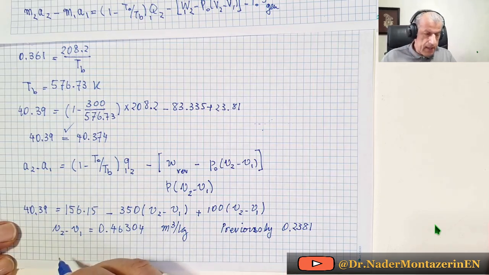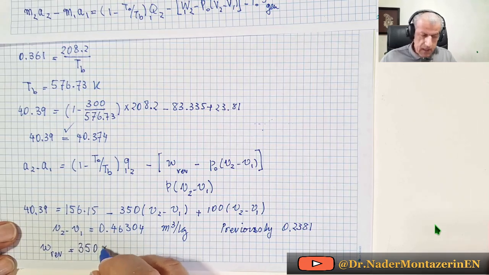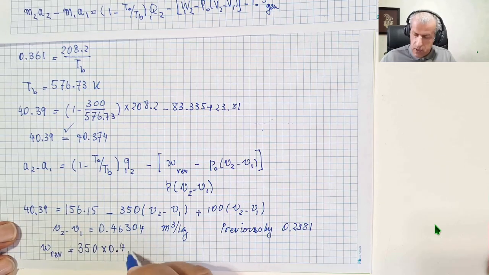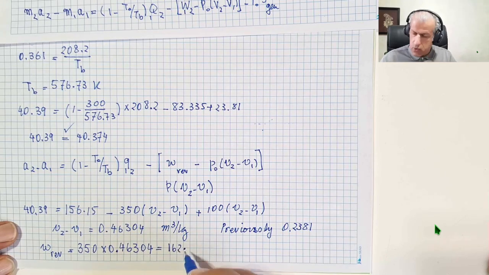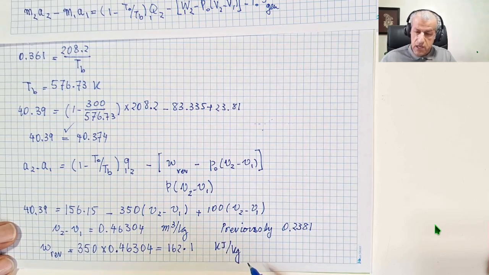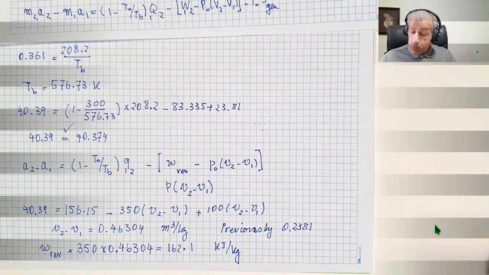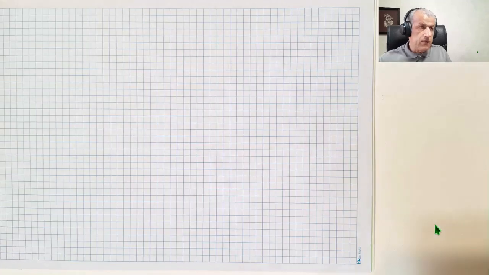And therefore, the reversible work and the maximum possible work would be 350 times 0.46304, and that would equal 162.1 kilojoule per kilogram instead of 83 kilojoule per kilogram. Now our maximum work is 162.1 kilojoule per kilogram. Now this very ideal process has changed everything.